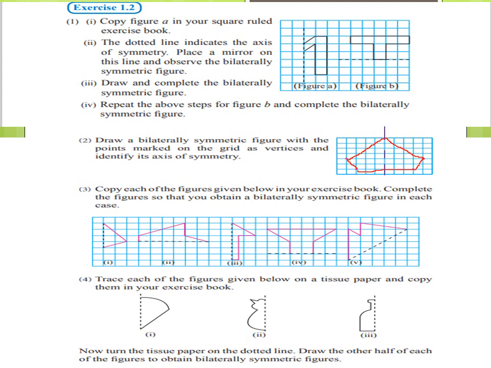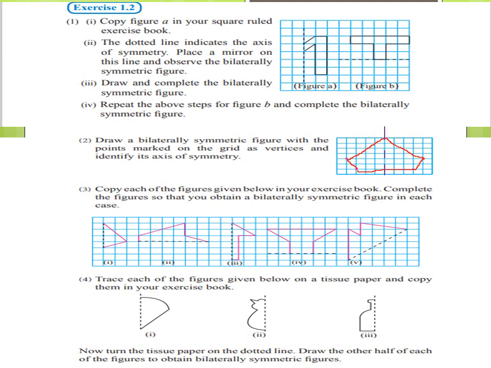From the left side, go to the up one, and from the up one, go to the right side one. Then from the right side one, go to the one which is very near to the right side, and again from that one go to the one which is very near to the left side, and from there go to the left side. And let's go to the third one.